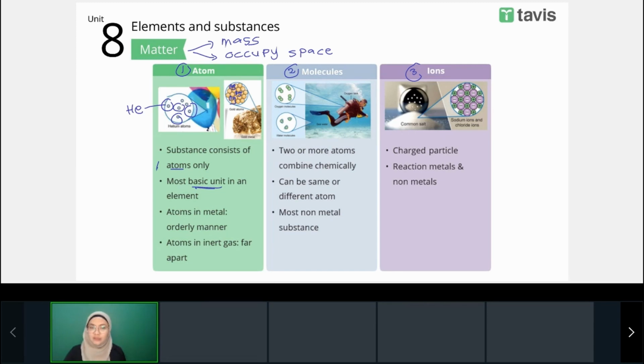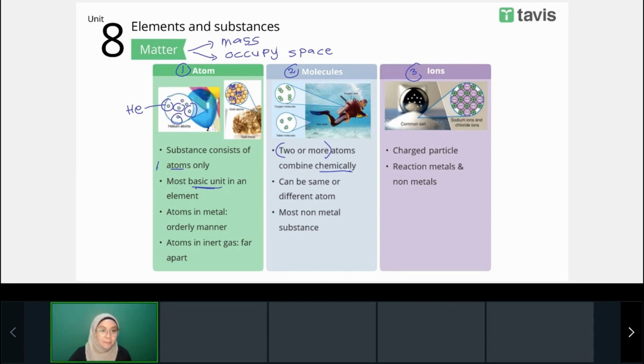How about molecules, teacher? Molecules consist of two or more atoms. They have to be combined chemically. Just now, an atom was the basic unit with only one atom. A molecule consists of more than one atom, two or more. It can be the same atom or different atoms.